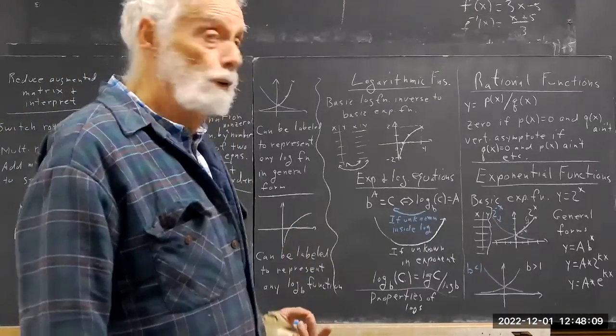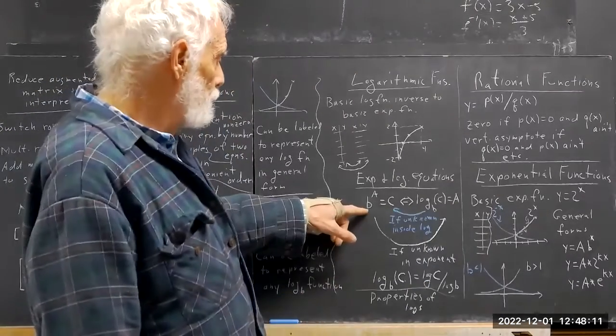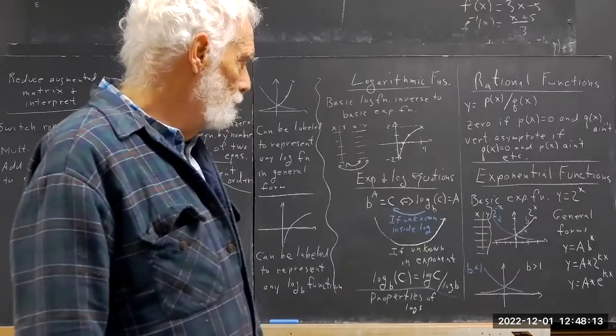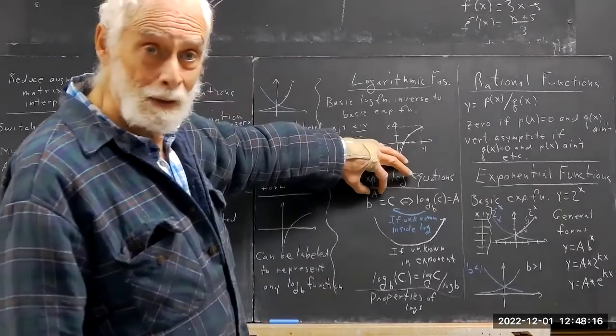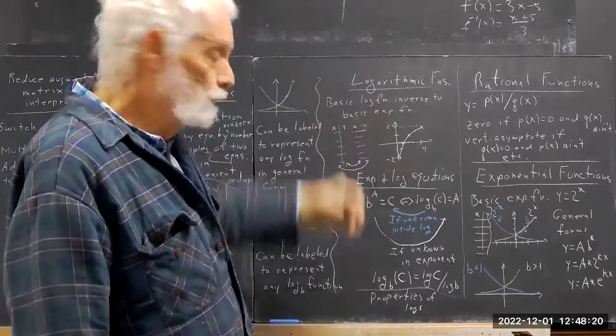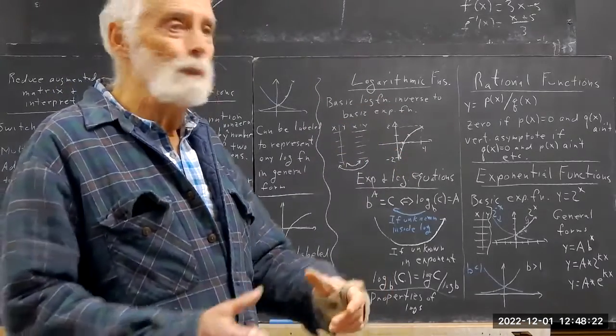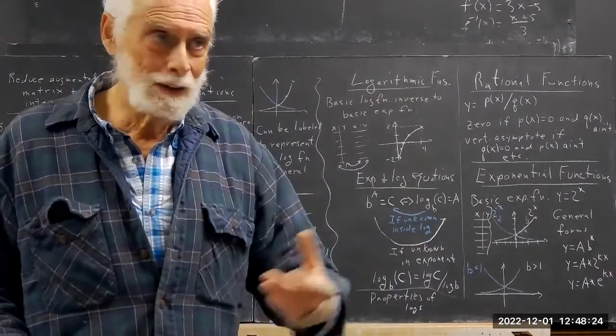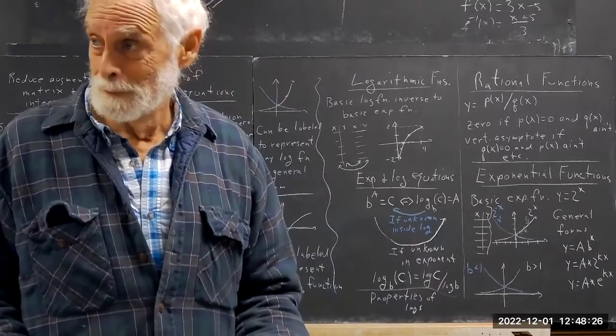Now, when do you do this? You convert from this form to this form if your unknown is here, because here is the exponent and your unknown is bound up in the exponent and you can't get to it to solve for it.